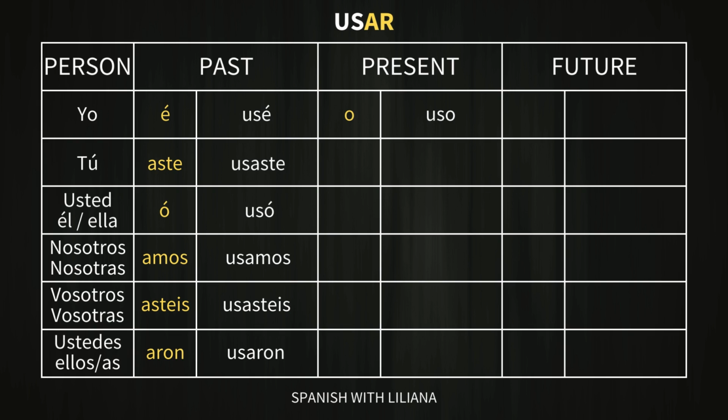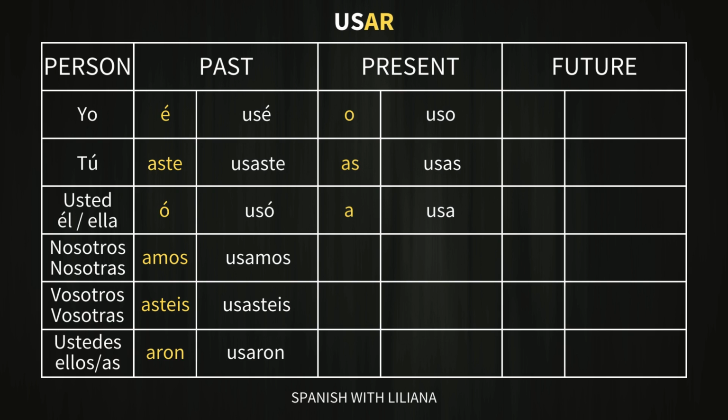For tú, we'll replace the ending with as. So the full verb is usas. For usted, él, or ella, we'll replace the AR with a. And so the verb becomes usa.